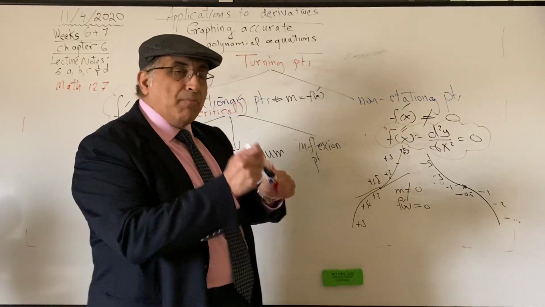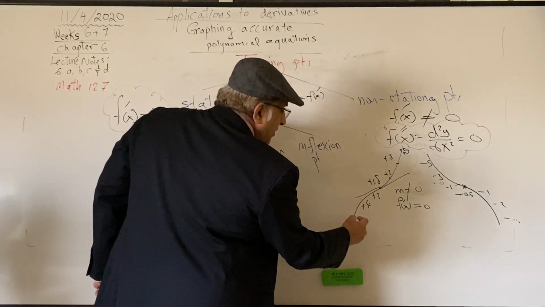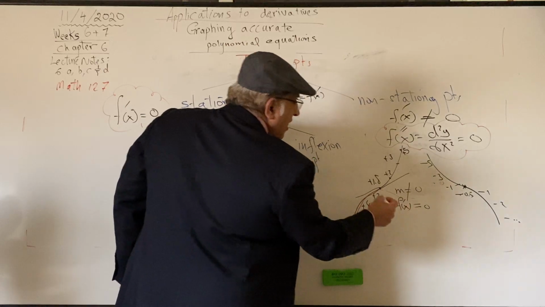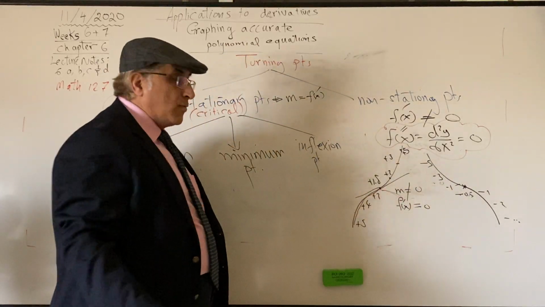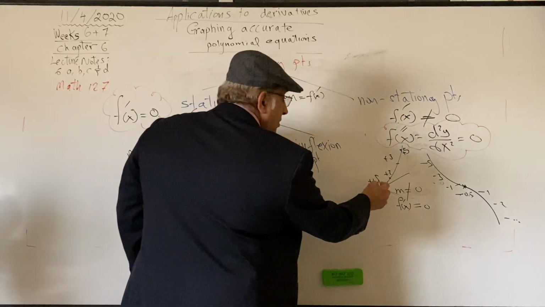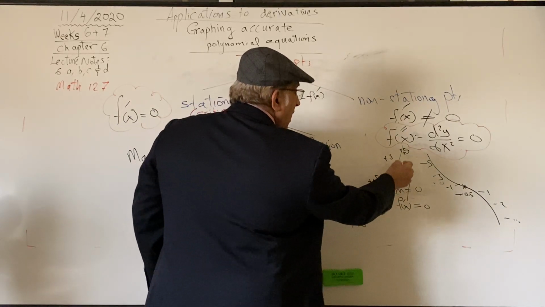Let me show you something with my red ink. What is happening here? You're going all the way up, as if you are concaving. So the curve is concaving down at this interval. Okay, suddenly at this point, the curve is concaving up.